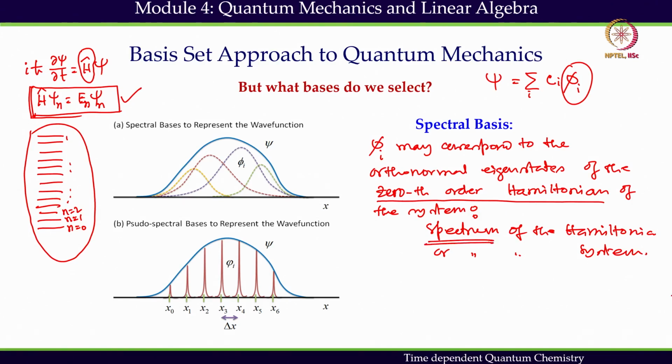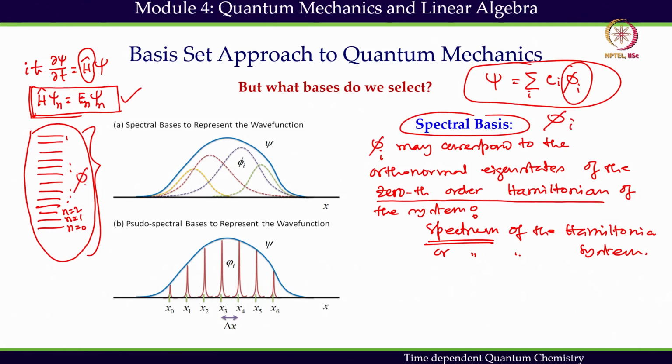Now, one can use those eigenstates to expand the total wave function, and if we do that, then it is called a spectral basis. If I use the eigenstates, or the spectrum of the Hamiltonian, as the basis phi I to expand my total wave function, then it is called a spectral basis.